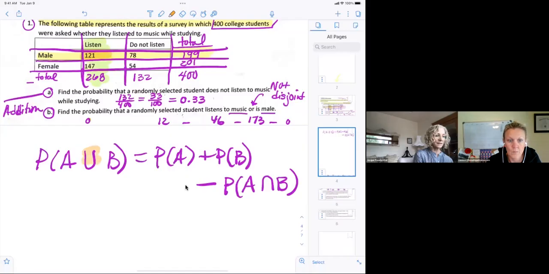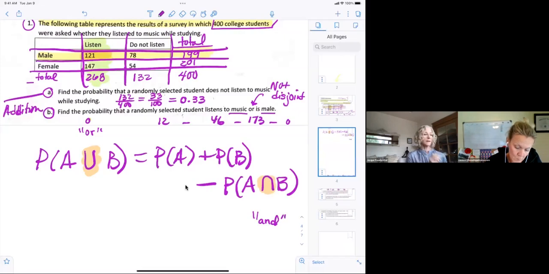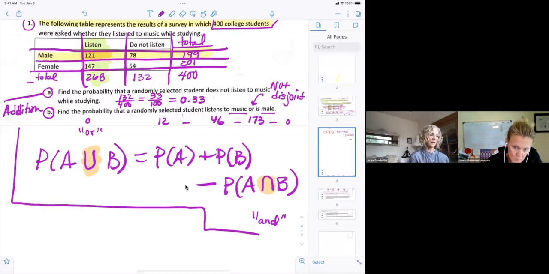So or is the same as union. Intersect means and. So the addition rule, and this is where I'm telling you that you don't really need to memorize this. This is more about thinking about what makes sense.